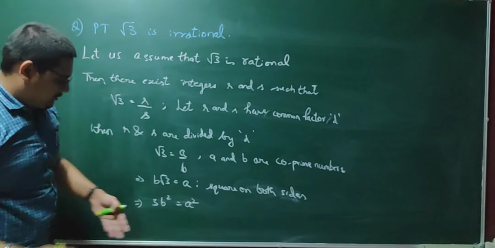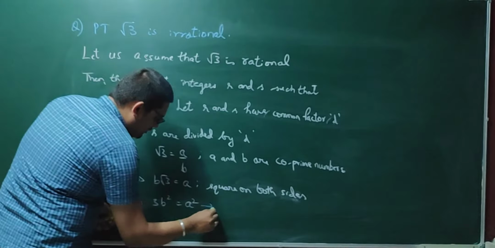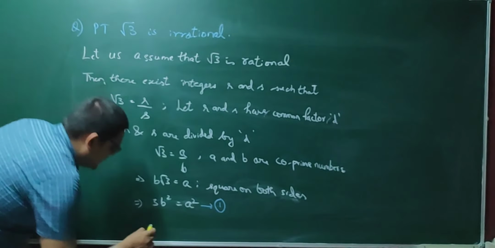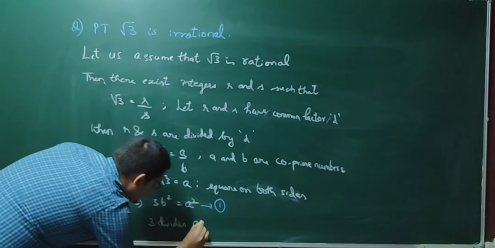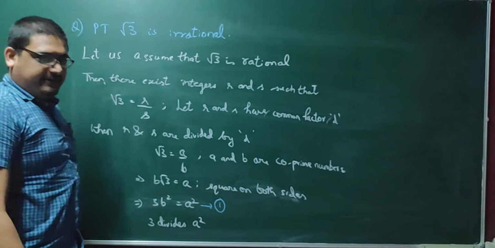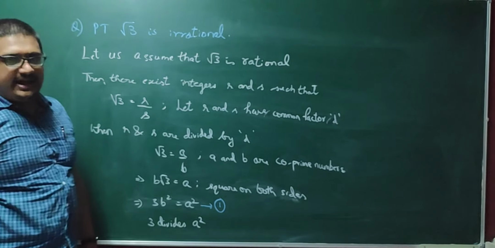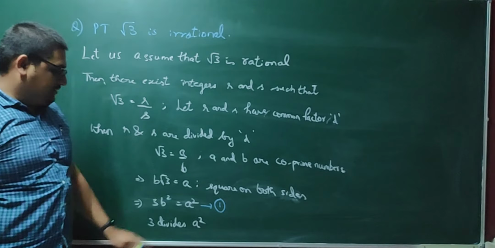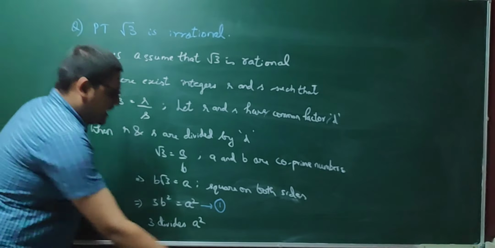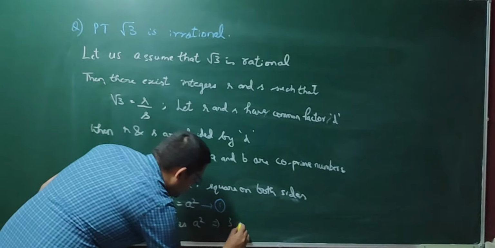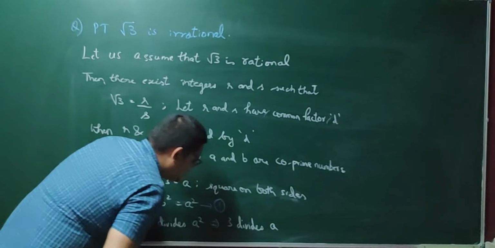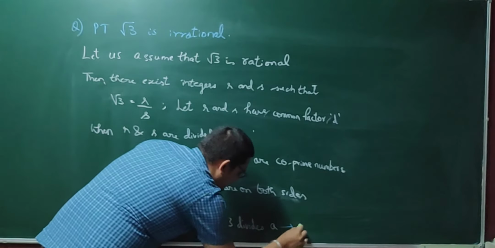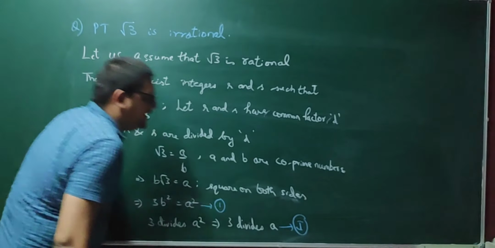Now observing this expression, I can say that 3 divides a square. Am I right? 3 divides a square. If 3 divides a square, I can further say that 3 divides a. This is the conclusion from my theorem 1.3.